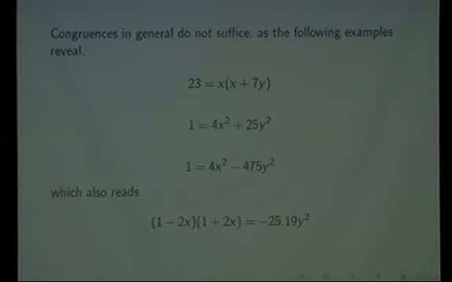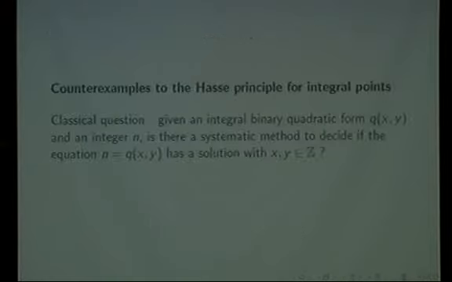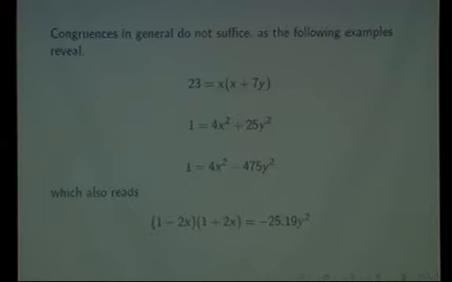Okay. And now, congruences do not suffice. In fact, you can find very trivial examples. I didn't say whether the quadratic form was reducible over Q or not. So you can give examples like this. You look at 23 equals x plus 7y. And you will very easily decide that the congruence conditions are satisfied, just check it.